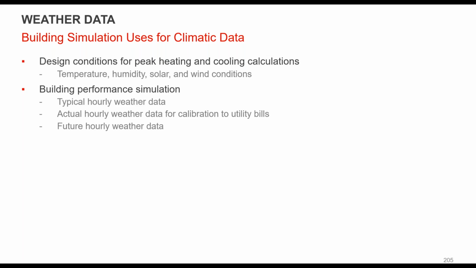But when we're doing our simulations, we need more. We need to have some representation of what's going on in that climate. We have typical hourly weather data. We have actual hourly weather data, say if you want to calibrate to a utility bill. And there are many sources now for creating your own future hourly data. So we'll talk a little bit more about them.